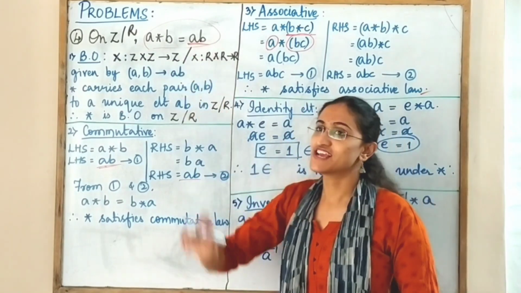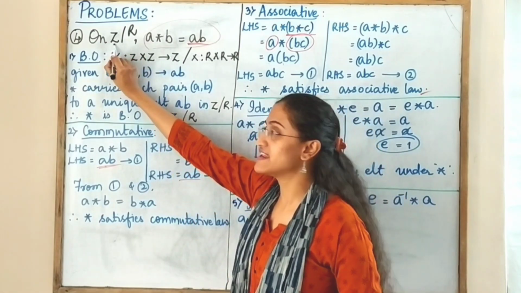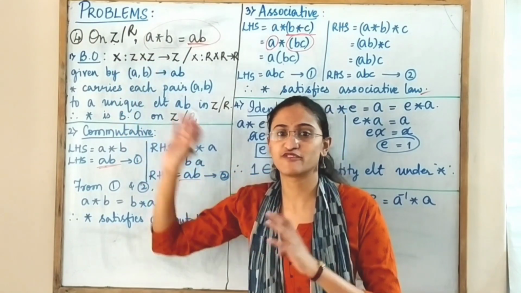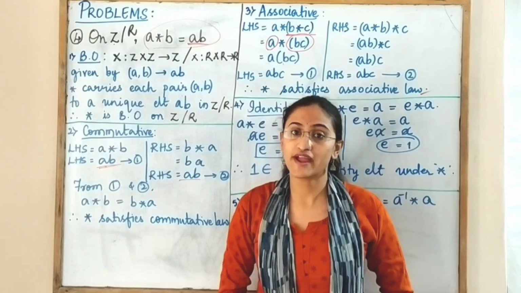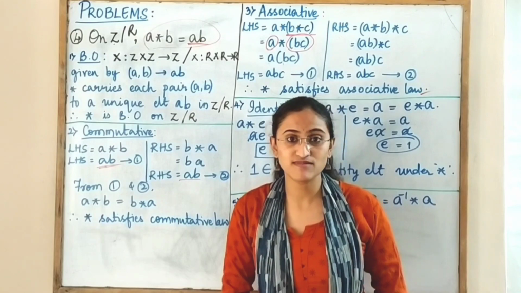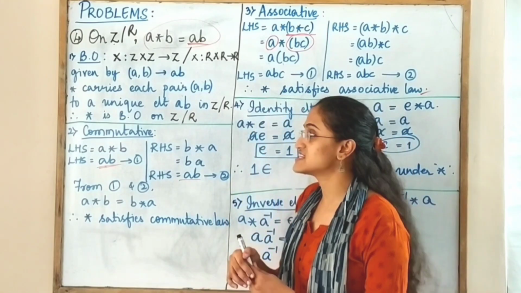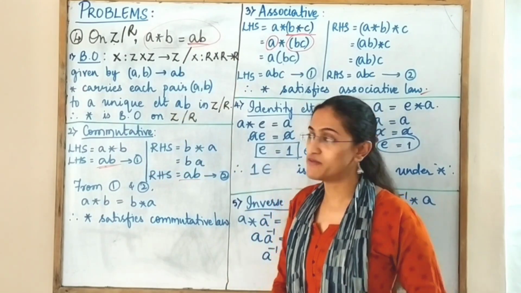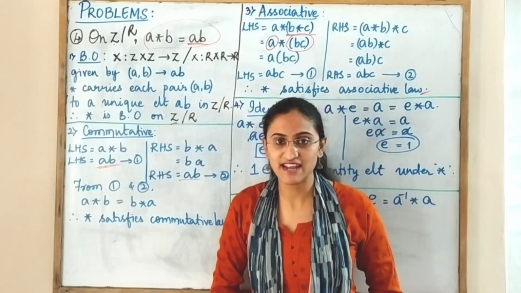The same operation A star B is equal to AB, but on the set of integers, or you may also apply the same problem for the set of real numbers. You can observe that the product of two integers is an integer and the product of two real numbers is also a real number, and therefore you can conclude that star, which is defined as AB, is a binary operation on the set of integers as well as on the set of real numbers.